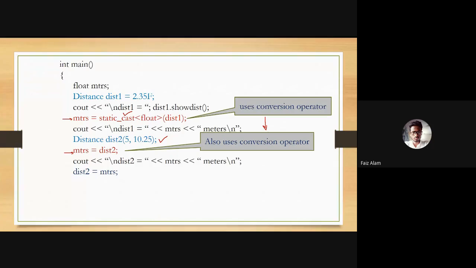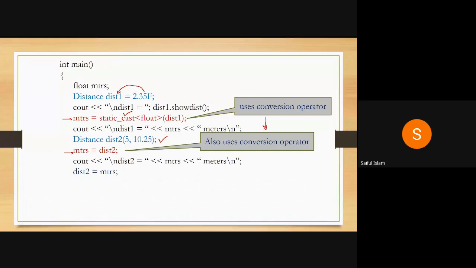No, sir, because we are trying to convert float to an object. Yes, very good. We are trying to convert float to an object. So look at the statement here. 2.35 is a floating point value, and I am converting this floating point value to distance 1.